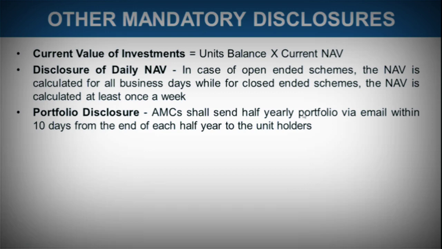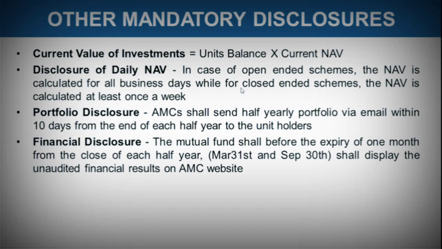Portfolio disclosure is done half yearly. Disclosure of NAV is done every day, and we are talking about business days, not Saturday and Sunday when it would be closed, or any festival days. Current value of investment is unit balance into current NAV.